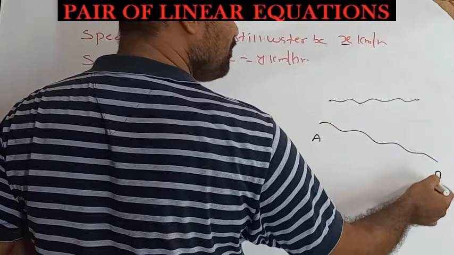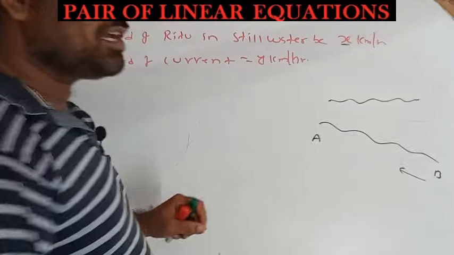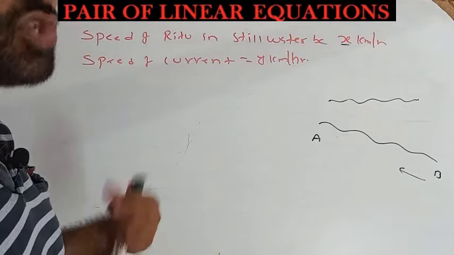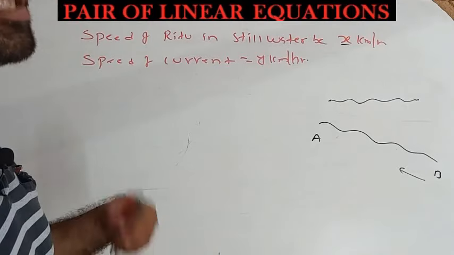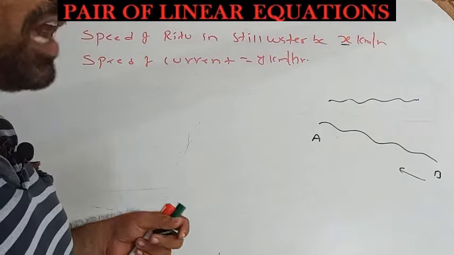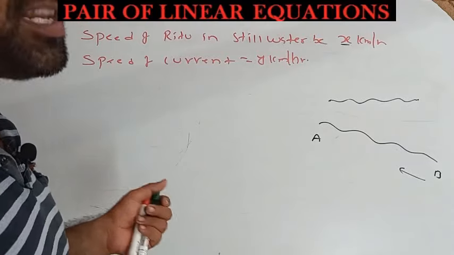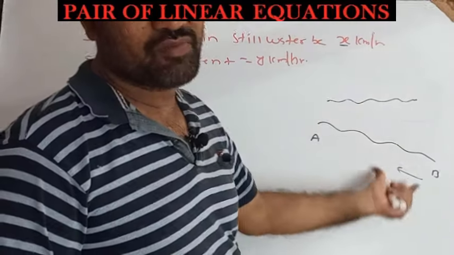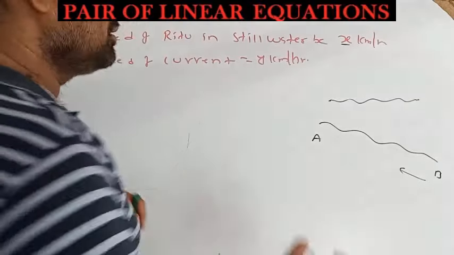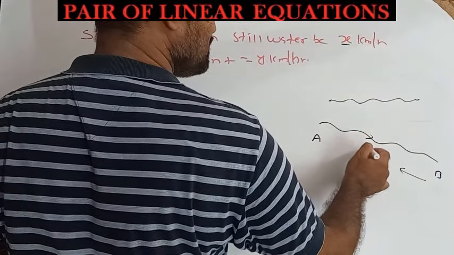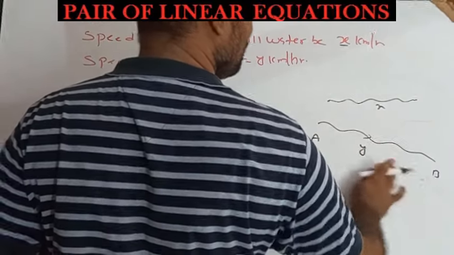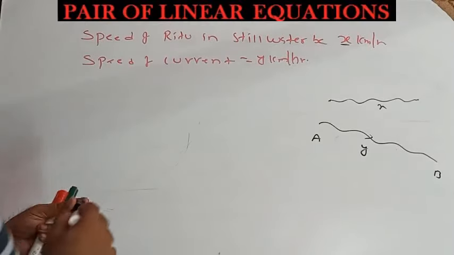She wants to travel from B to A, for example. You can say upstream, in the direction opposite to the stream. Automatically her speed will decrease: x minus the speed of the stream. The speed of the stream is y, and the speed of Ritu in still water is x.